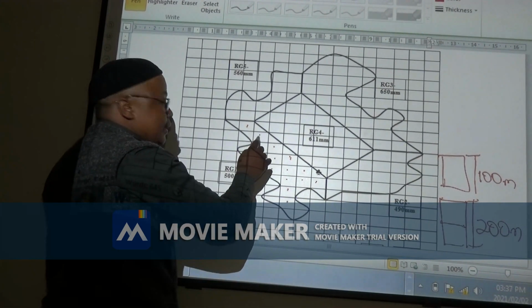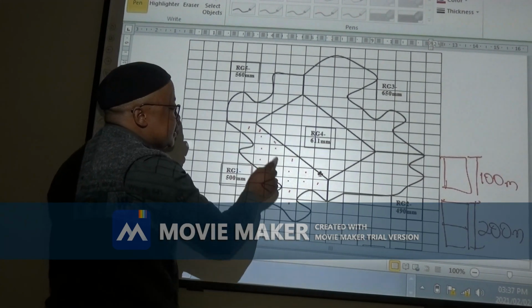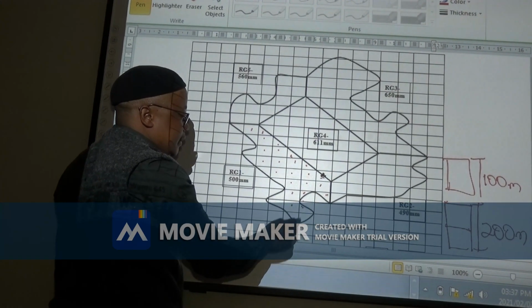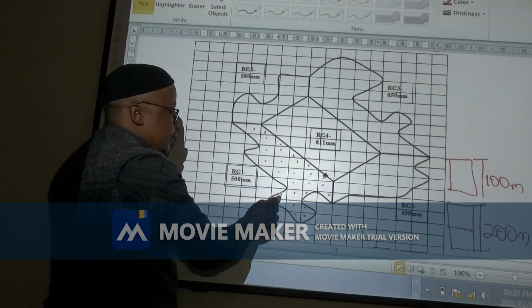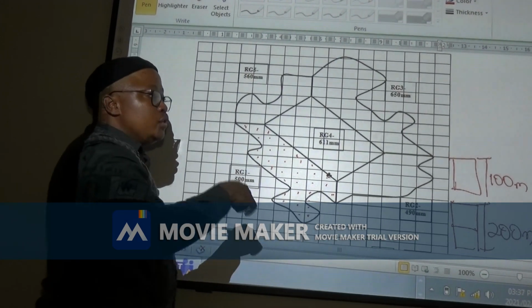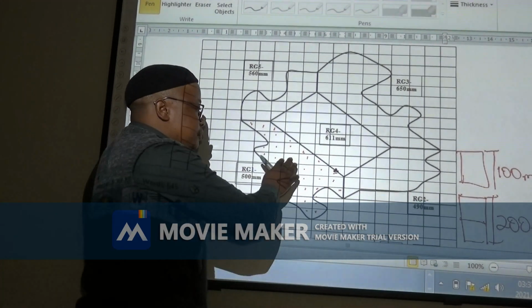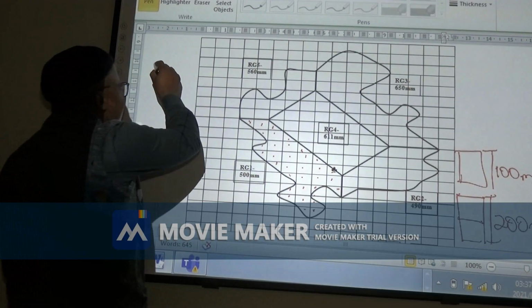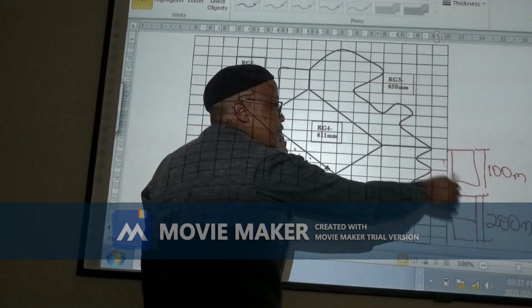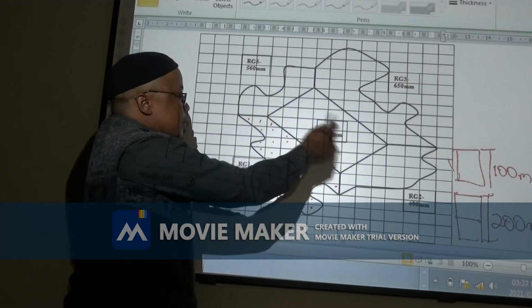We said 15, then we come to this one: 16, 17, 18, 19, 20, 21, 22, 23, 24. You do that in all the calculations, and you understand that you've got about 24 blocks. Then you multiply the 24 blocks by the scale of each block, and you get your area. Then you go to the next.